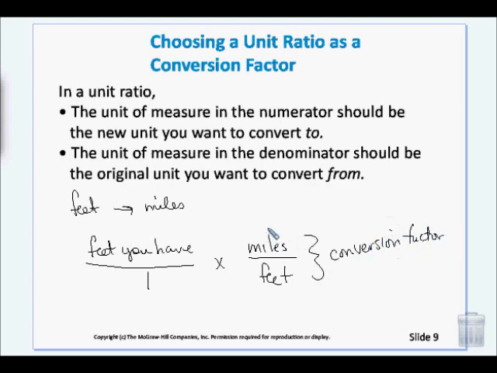So this is the unit you want, that's the unit you had. Does that make sense? So you start with feet, and then feet would cancel when we do cross cancellation on multiplication. Feet cancel out, and you're left with miles. So, we'll go over a concrete example of this. I just want to make sure you understand the setup first.